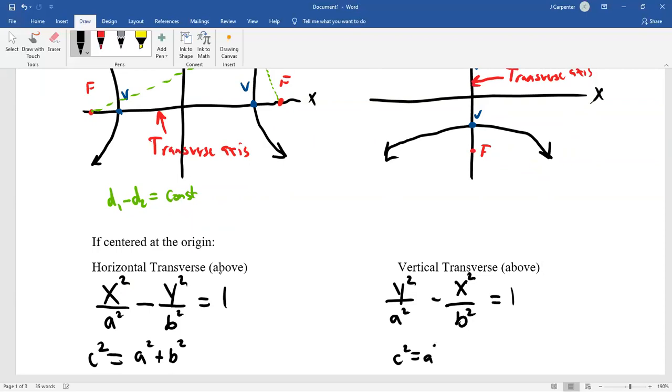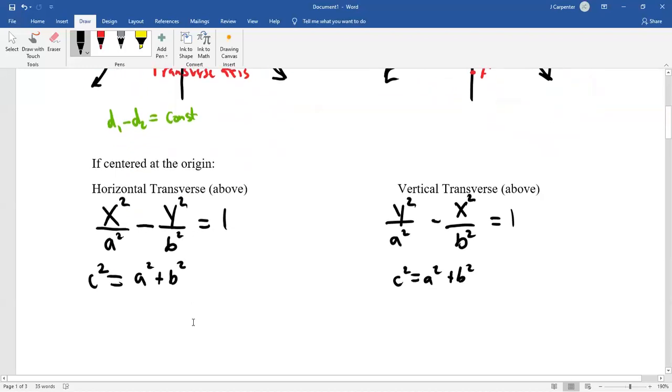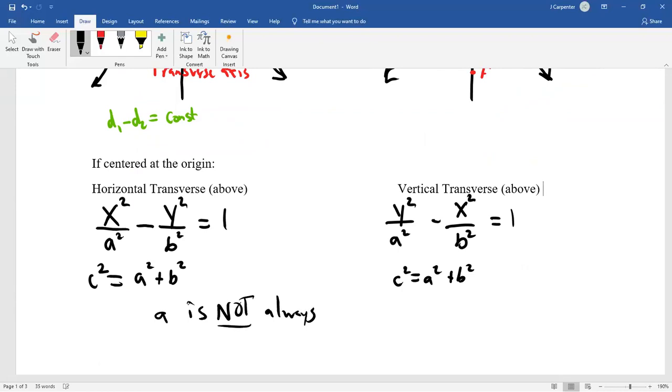So this is the same thing. c squared is a squared plus b squared for hyperbolas. For ellipses, it was a squared minus b squared. Now again, note that I said a is not always bigger than b.